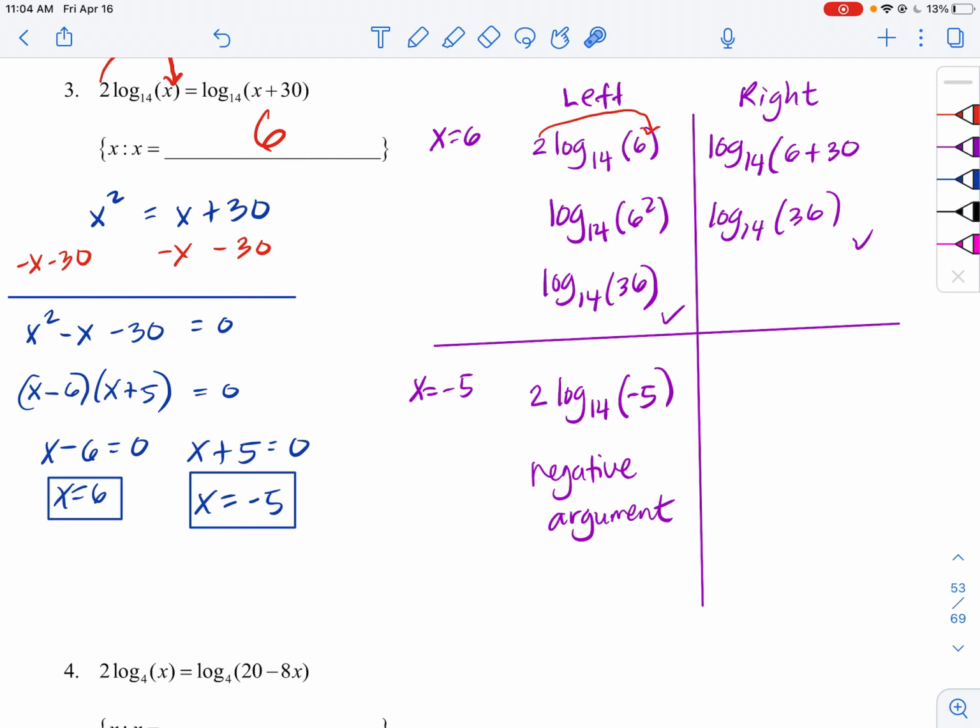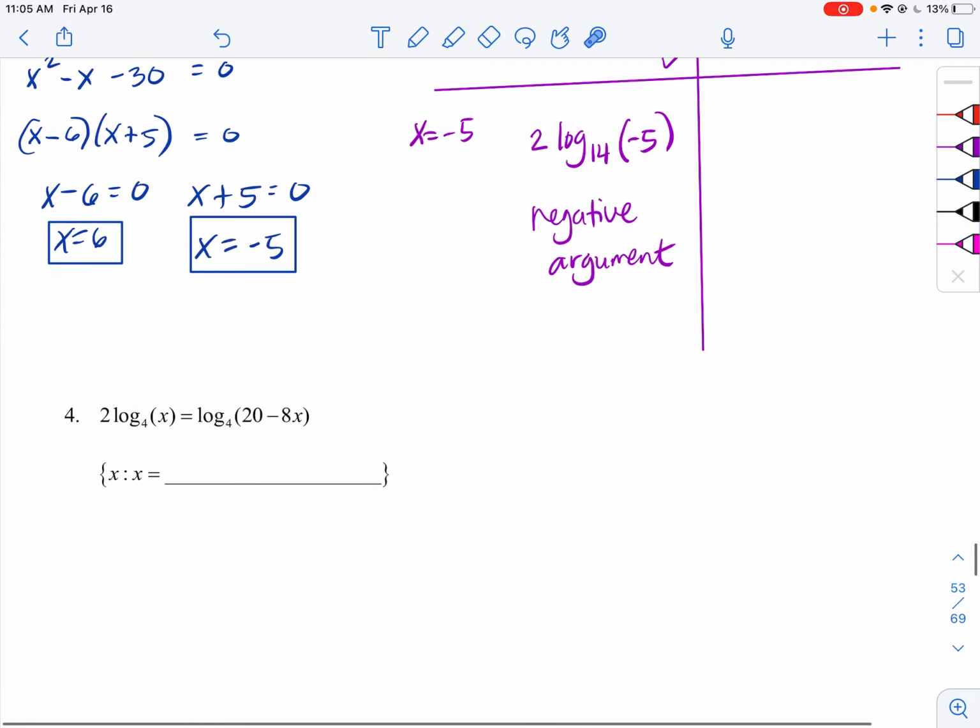No, because the rule says that it can never have a negative argument. It can never have a negative number inside this parenthesis. And because this happened, regardless of there being a 2 in there, you can't solve it. It's undefined, it's an error, and therefore, negative 5 is not part of our final answer.